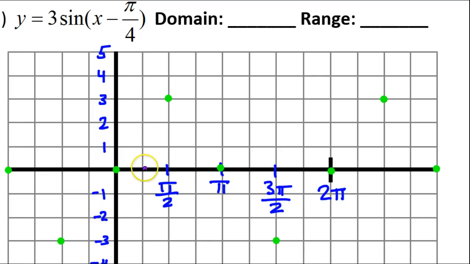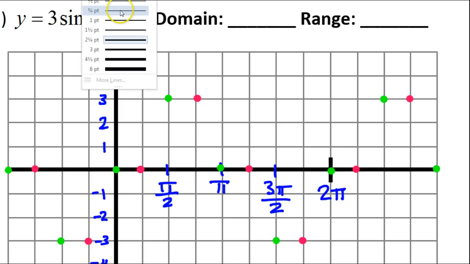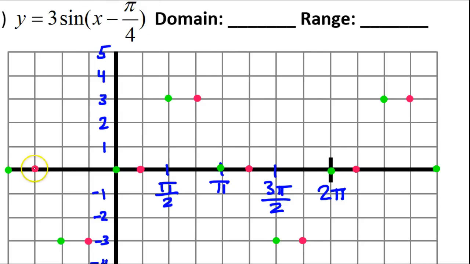So in this case, this dot would move here, and this one goes here, and here, and here, and everything moves to the right. Now this one's off the grid, so I'm not going to worry about it. This one's going to move here, that one's going to move here. Okay, so these pink dots are the real graph. So those are the only ones that I will connect. So it's going to look something like this.